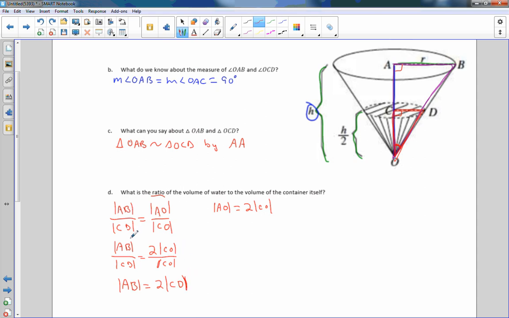Okay, so in other words, what we're saying is if AB is to 2 CO and CD is to 1 CO, then AB is to 2 CD.